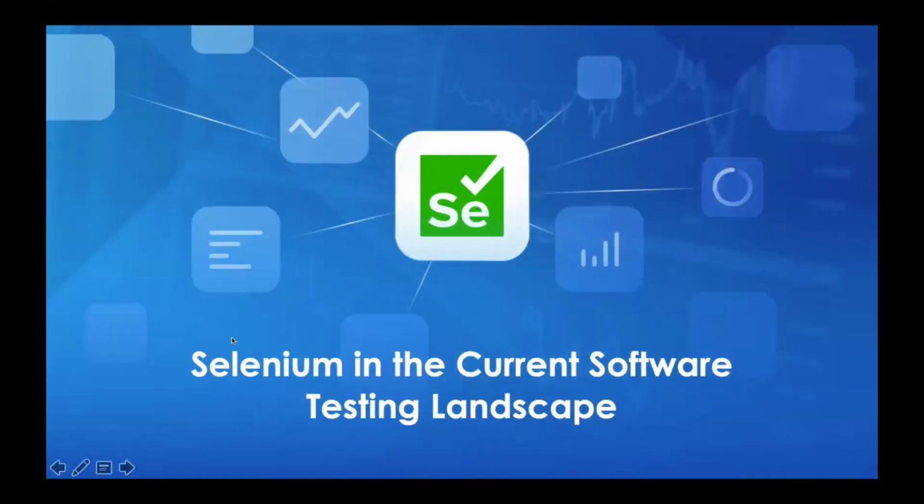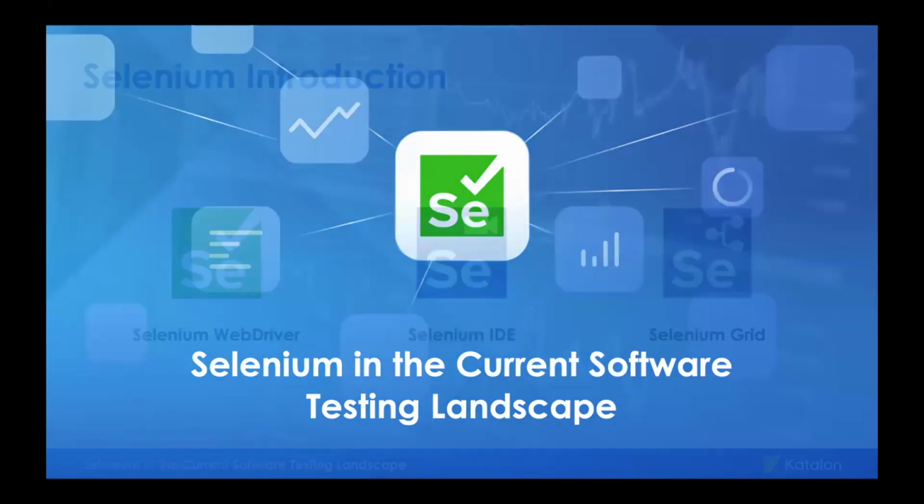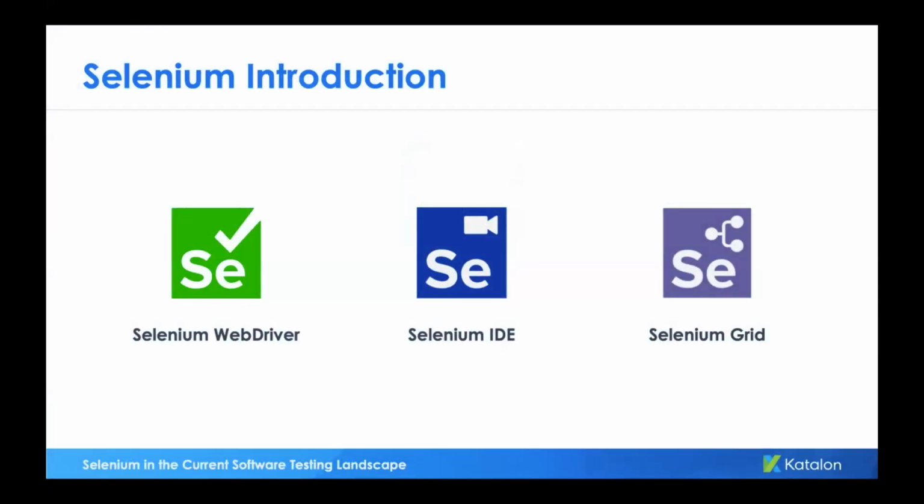So this is the agenda I just shared with everyone. First of all, Selenium in the current software testing landscape. Selenium was first released as an extension for recording and playback, and it eventually grew to become one of the most popular tools for test automation. Selenium was first developed back in 2004 by Jason Huggins, a programmer at ThoughtWorks.